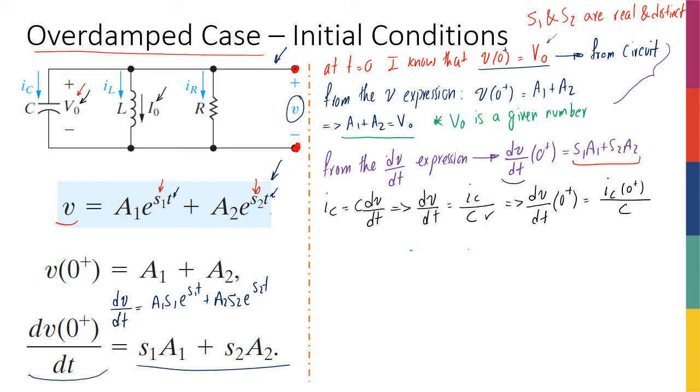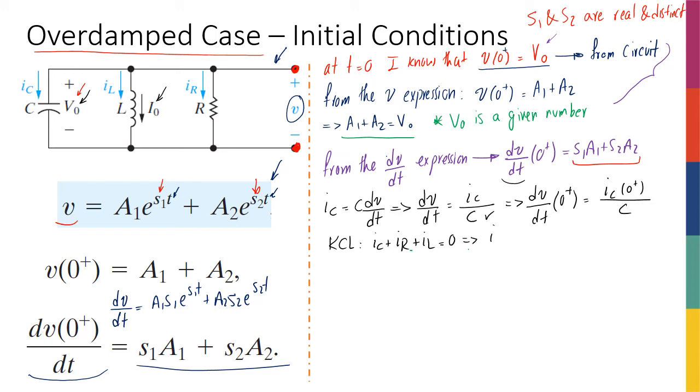So what do I do? Let me see if I can convert this to one of the golden parameters, or both of them somehow. What is IC? If I write the KCL, KCL tells me IC plus IR plus IL is equal to 0.